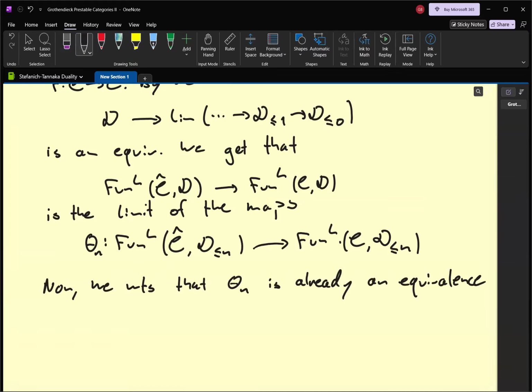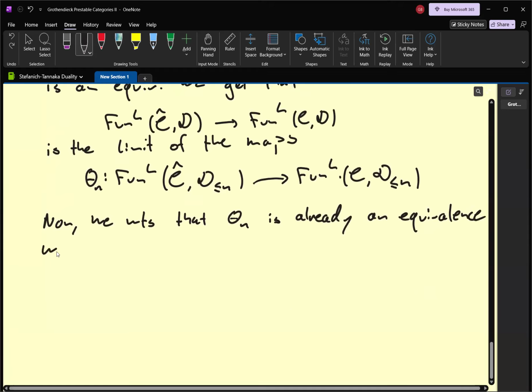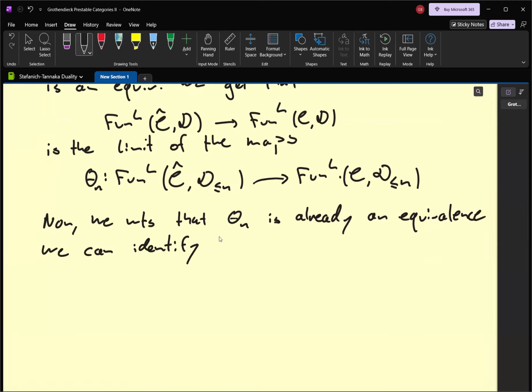And for this, we will use this usual trick. We say, okay, left adjoints are this category here of these guys are equivalent to right adjoint functors. So what we can do, we can identify theta n with the morphism from here to here.